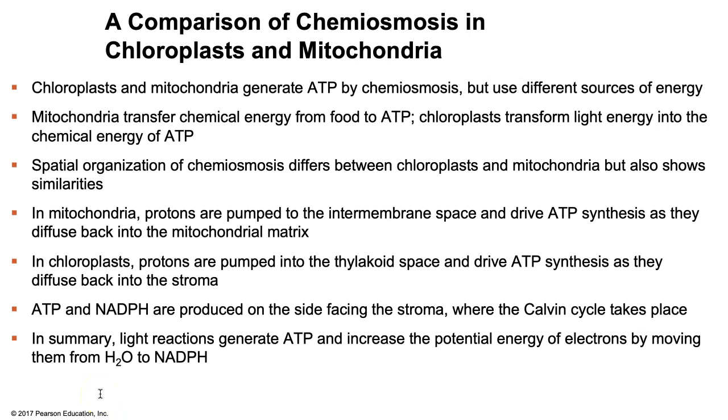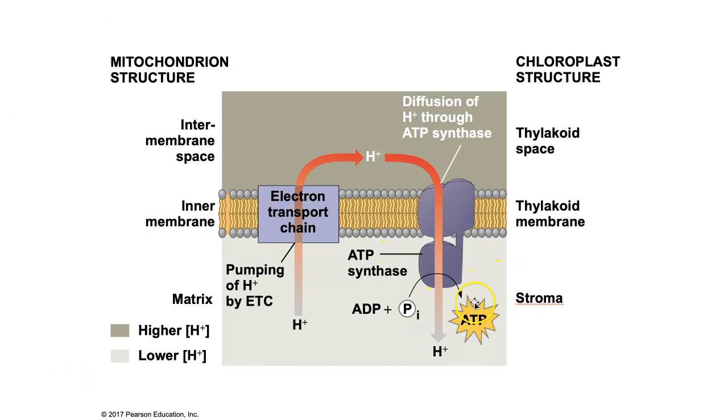Chloroplasts and mitochondria generate ATP by chemiosmosis, but use different sources of energy. So this is chemiosmosis, coupling of the proton motive force with generating ATP. That is what chemiosmosis is. So yes, both of them are using chemiosmosis. They use different energy sources.